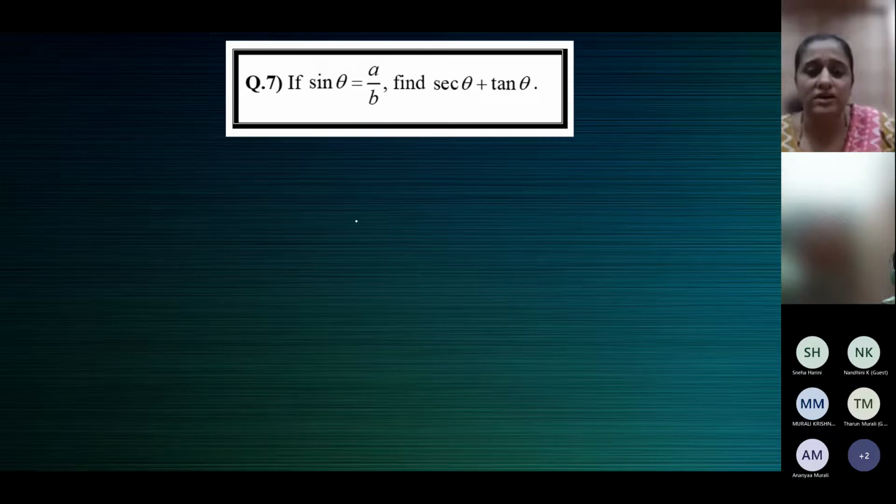So use a right triangle, mark the opposite side as A and the hypotenuse as B, and find the side adjacent to theta using Pythagoras theorem. Then you can use the triangle to find secant theta and tan theta.